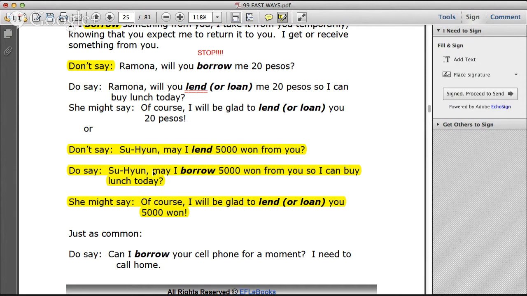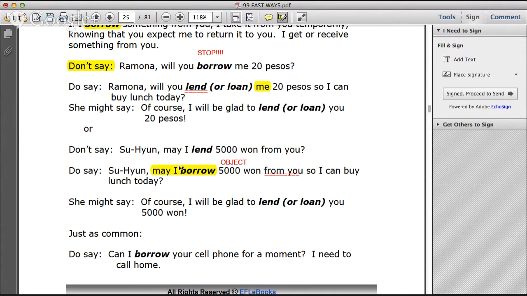So in our question, may I borrow, then we are going to ask for the money or the object. May I, object. Then we say from you. So what most of you want to do is use the pronoun.